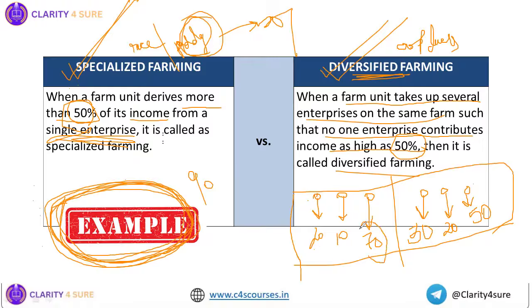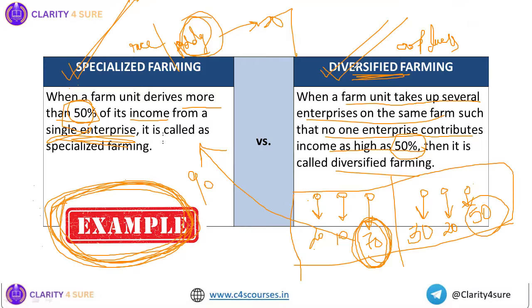You see here, the third component gives 70%, isn't it? Since 70%, automatically it will be specialized farming, right? The second case, you see, the first component 30%, second component 20%, but the third component gives 50%, isn't it?